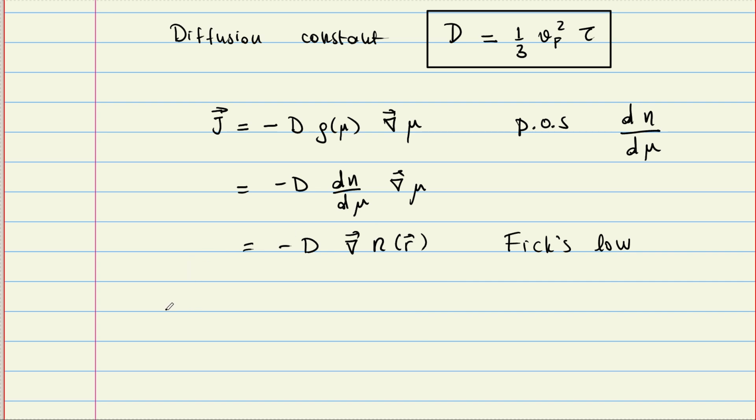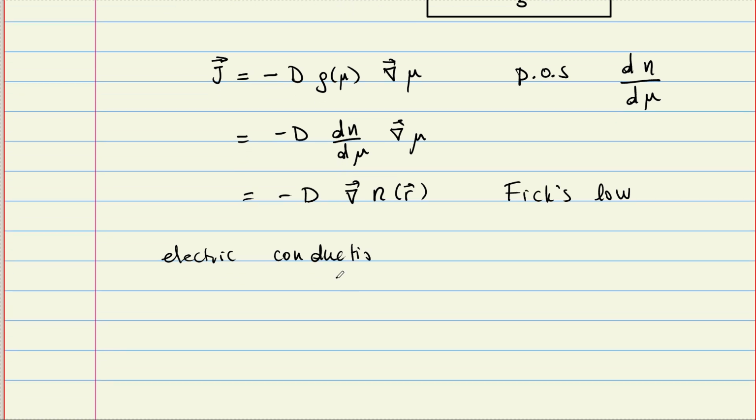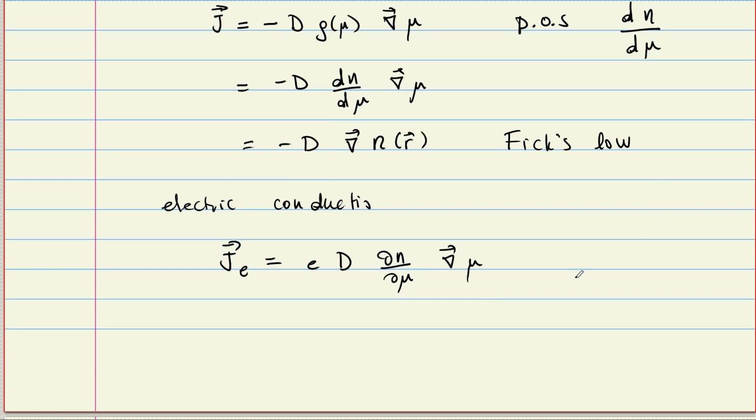Now we can calculate electric conduction, which is just this quantity multiplied with E. So let me use J of E for that, which is equal to E times D del n del mu times the gradient of mu. In the case of an electric potential, mu is the chemical potential, and I'm going to take it as minus E times phi, or if you want voltage, V. The gradient of mu is minus E times the gradient of V, but the gradient of V is minus the electric field, so this is going to be E times the field.